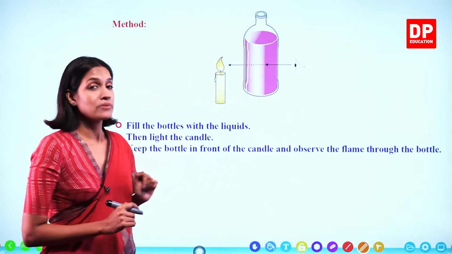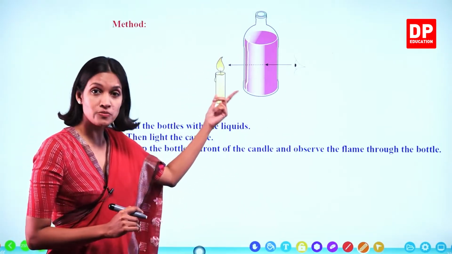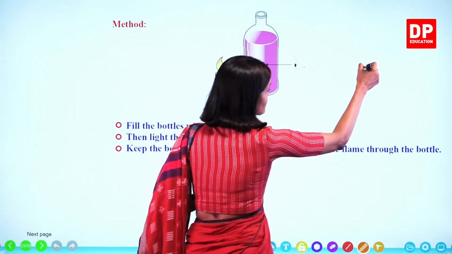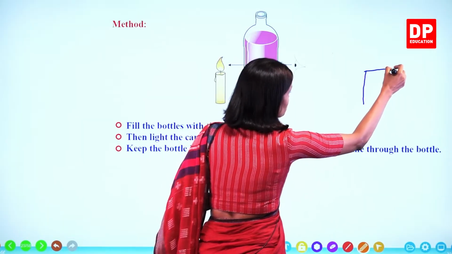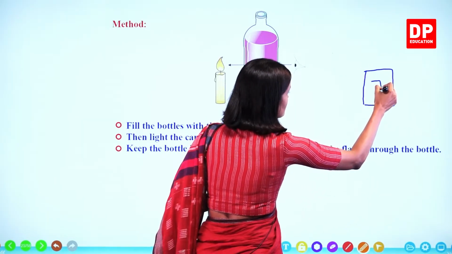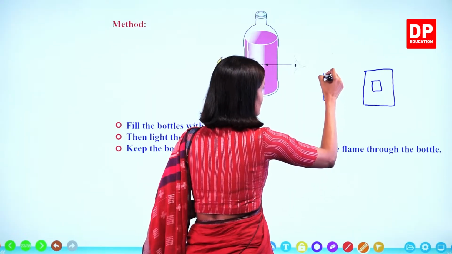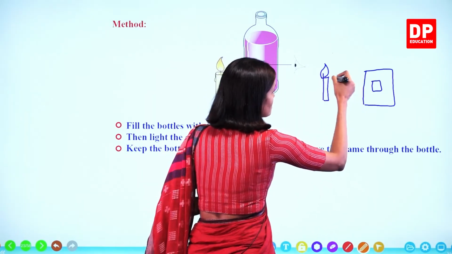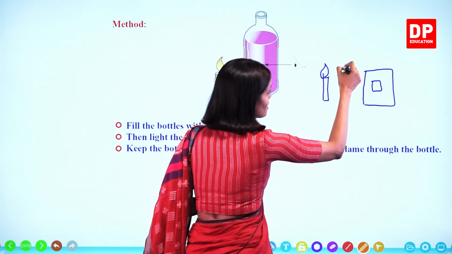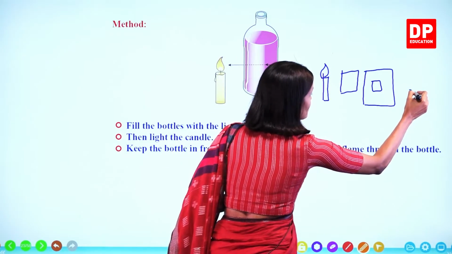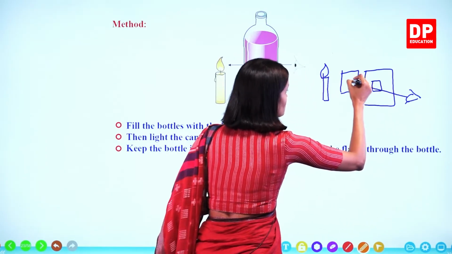Now, do you remember how we did the same type of experiment before using solid materials? There, we used the cardboard with the hole, and then we placed the candle like this, and in between the candle and the cardboard, we placed different types of materials and we looked through the hole.